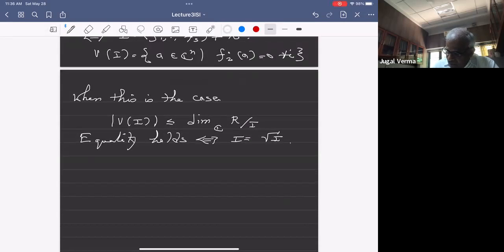So we have an upper bound on the number of solutions. The question is, how do we construct solutions?